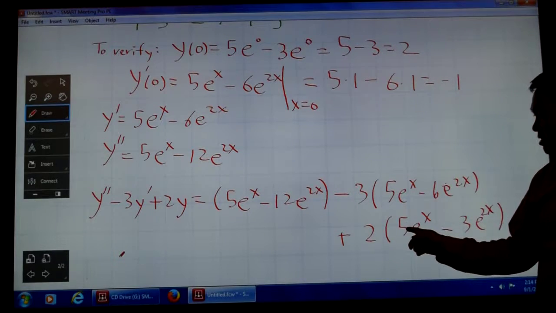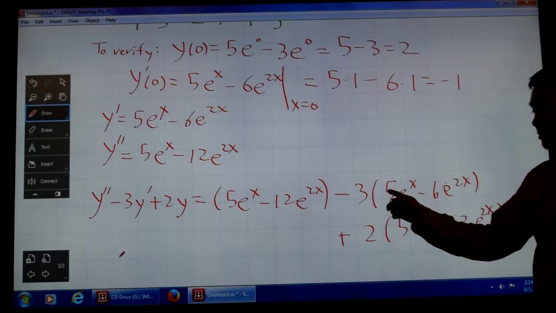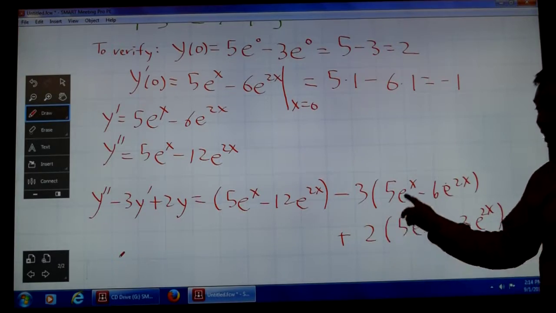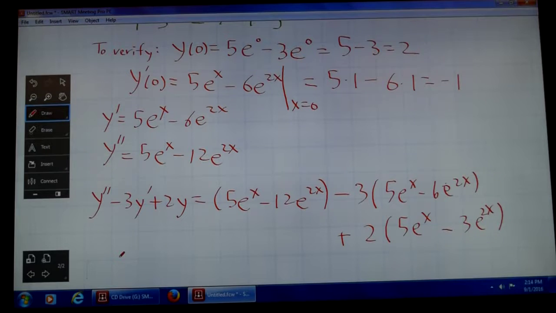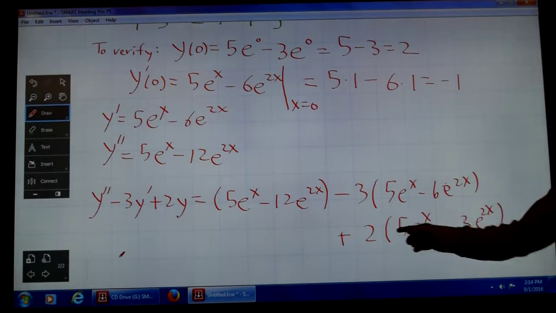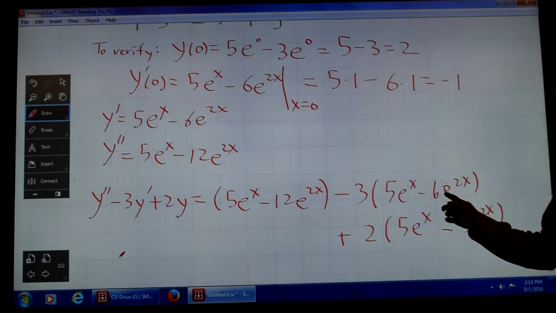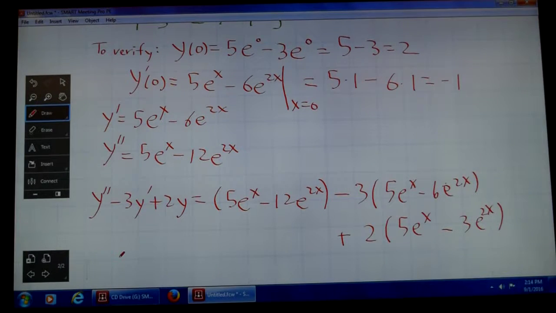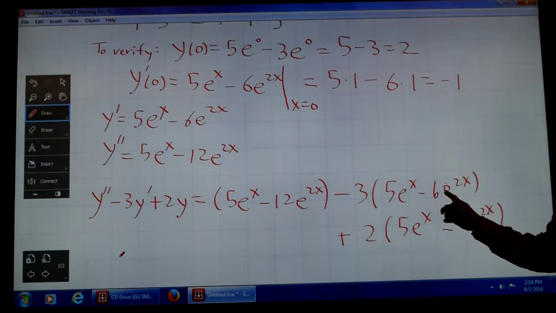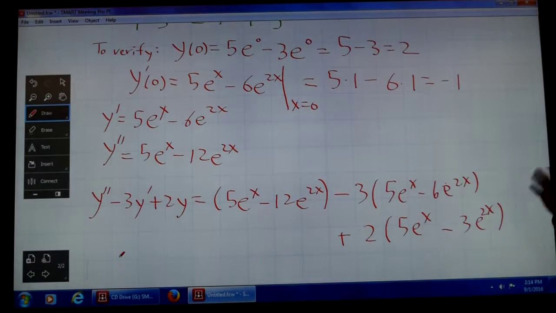So 2 times 5 is 10. 3 times 5 is minus 15. So 5 plus negative 15 plus 10 is 0. Same thing here. 2 times negative 3 is negative 6. Negative 3 times negative 6 is positive 18. And minus 12. 18 minus 12 is 6. 6 minus 6 is 0. So you do get 0 if you compute everything.